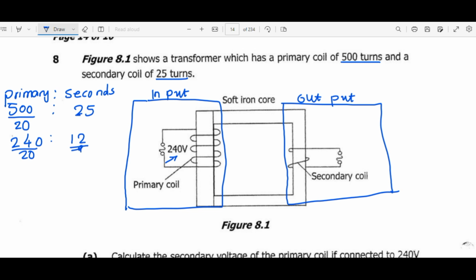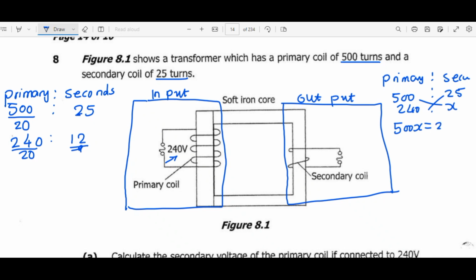Then another way in which we can do this is we write the primary, then we'll have the secondary. So we have 500, then 25. We have 240, then we put x and we cross multiply. So we form the equation and solve for x. 500 times x is 500x.